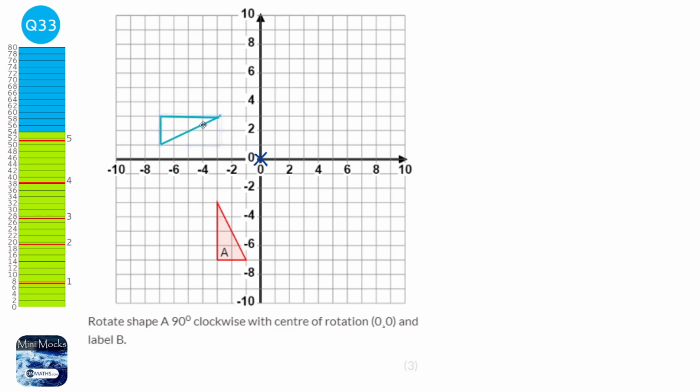And so we just got to line this up perfectly. A little bit less rotation maybe. There we go. And then you lift your tracing paper and just draw in the shape underneath. And it says to label the triangle as B.